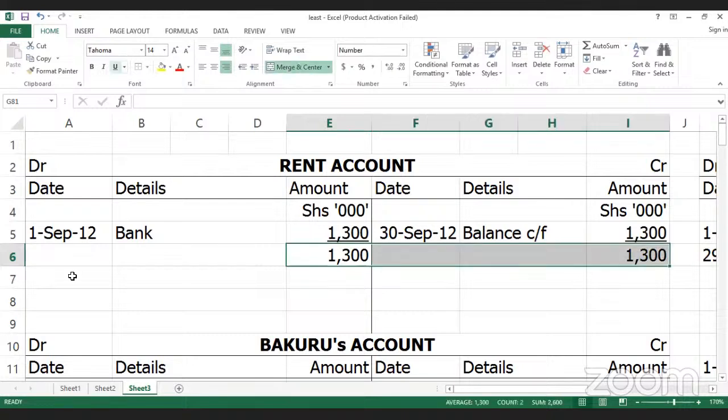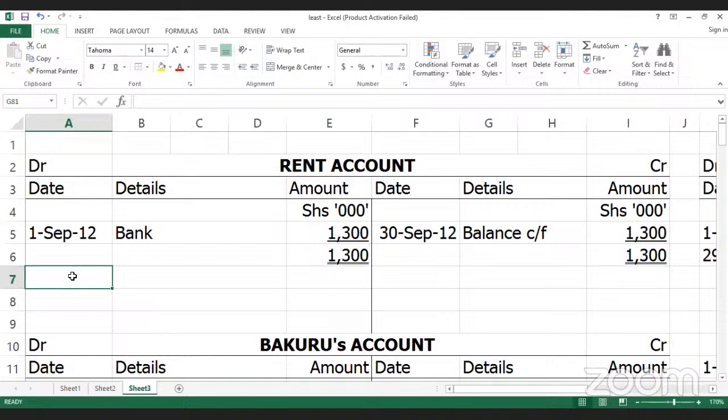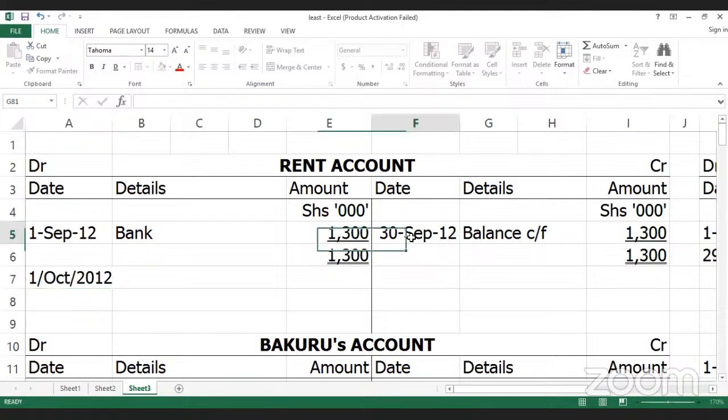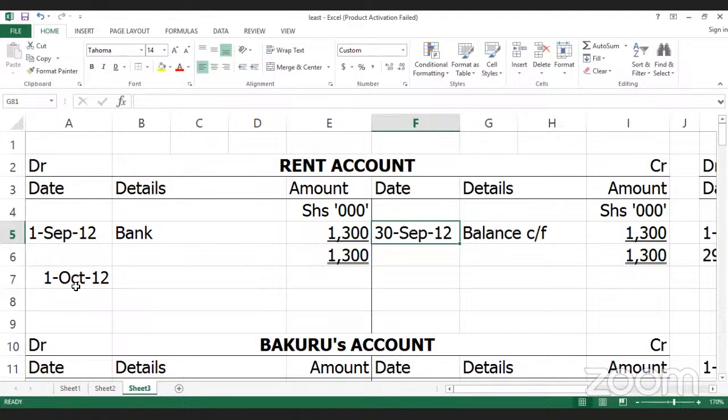Then on the opposite side of the smaller side, insert that balance and you use the next day's date. So that will be 1st October 2012, because if I balance off on 30th September 2012, then the next day is 1st October 2012.